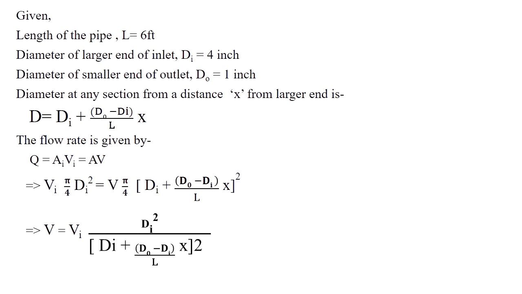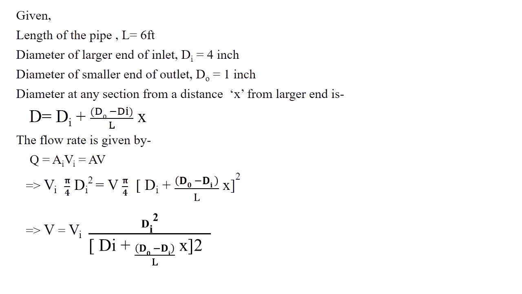Now flow rate, we know the equation of flow rate is Q is equal to AI VI is equal to AV. So in place of A we will write pi by 4 DI square into VI, which is equal to V into pi by 4 within bracket DI plus (D naught minus DI) by L into x, whole square.